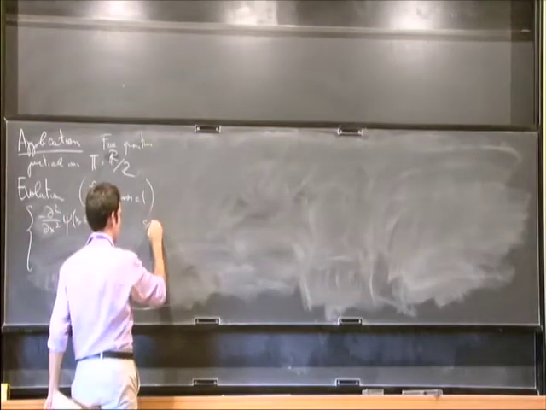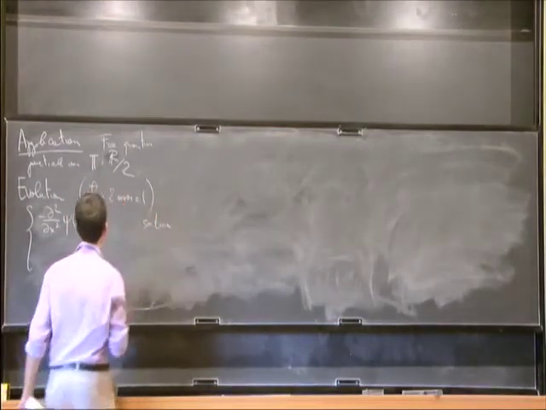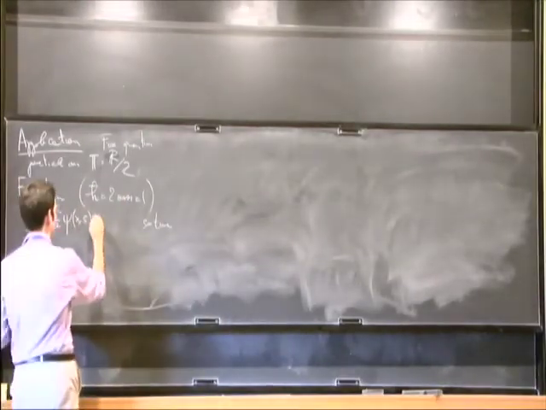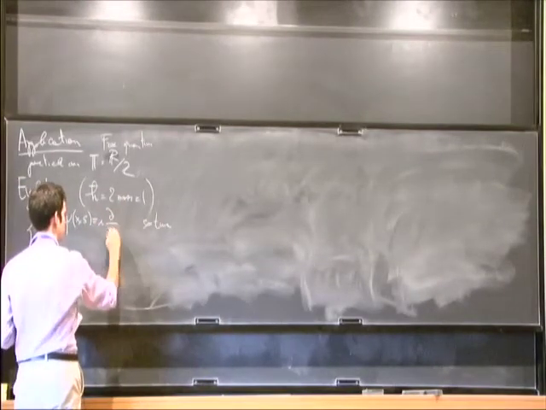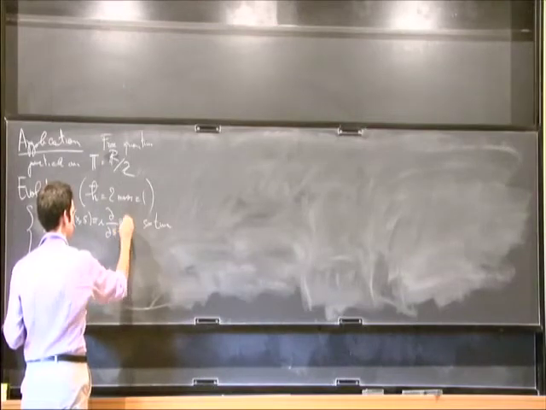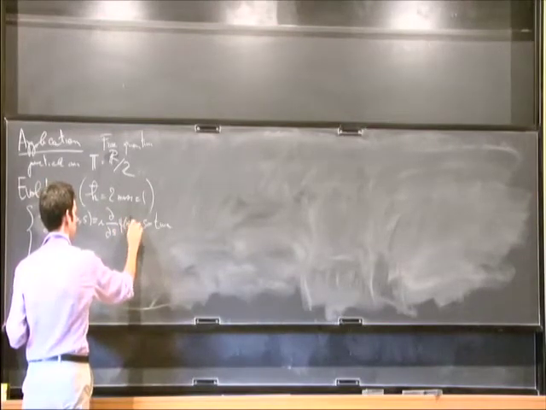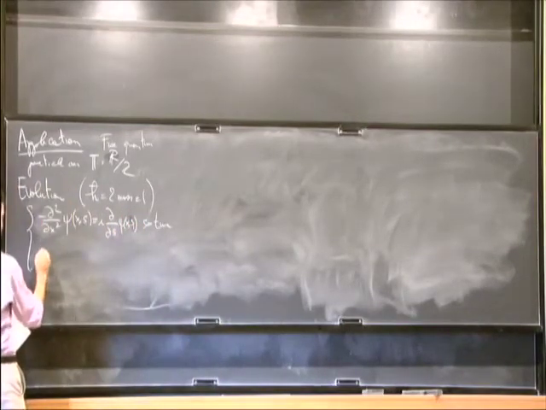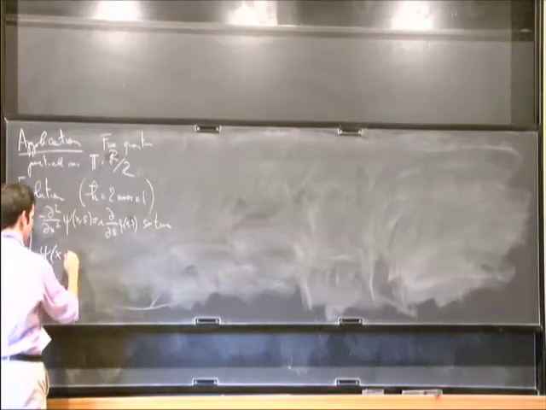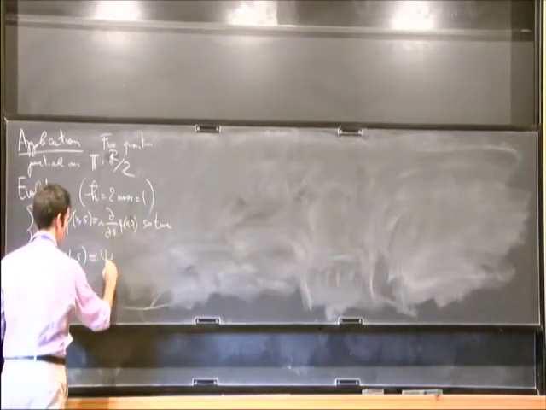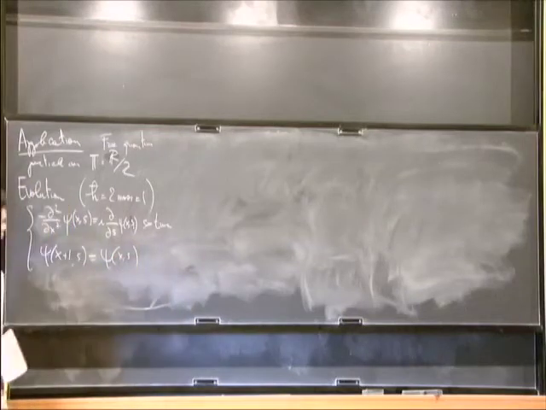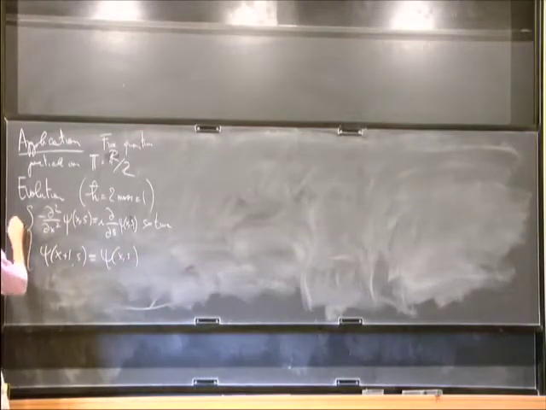For some reason, I like s to be the time. This equals i, and then there is periodicity. So that's a Schrödinger equation.